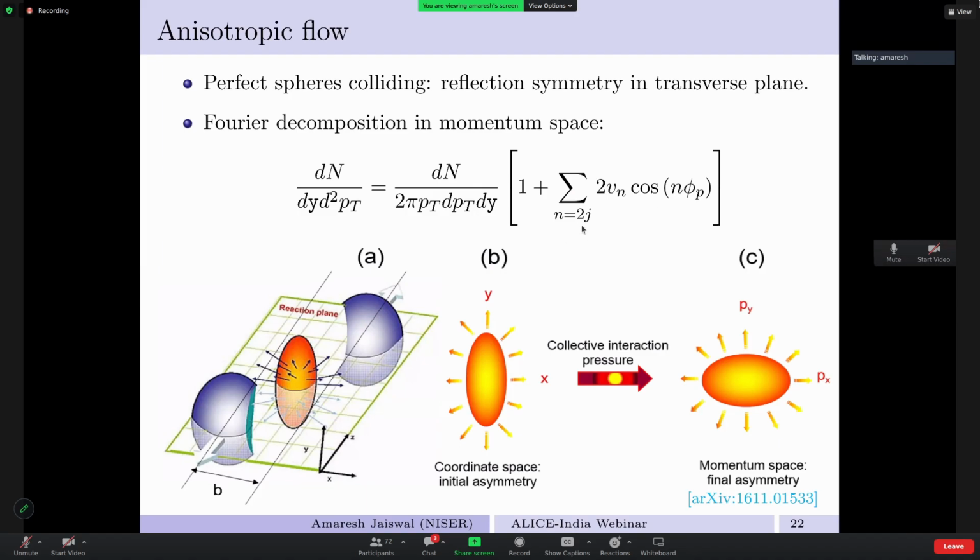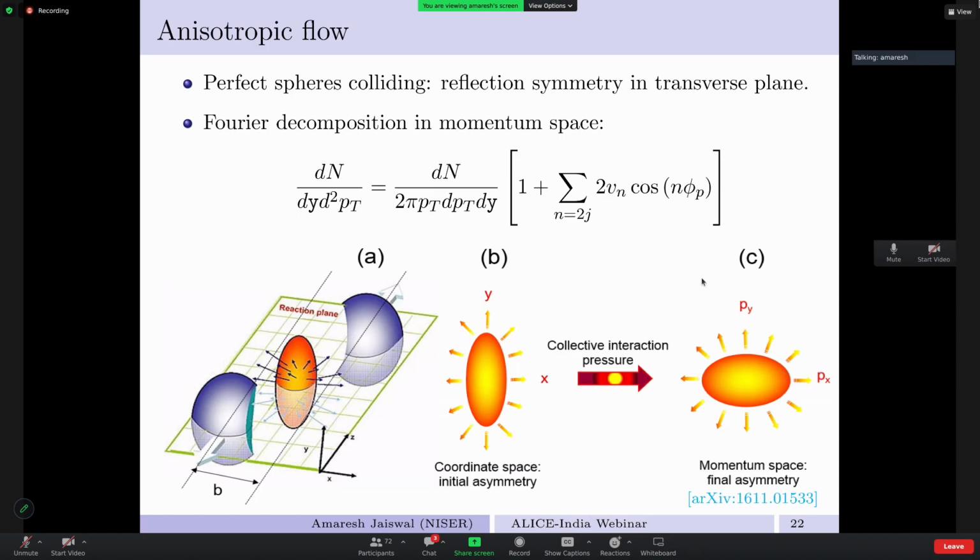This is for the final state. The initial state geometry is smooth, and hydro is not a stochastic equation, it's a simple deterministic equation. So the smooth profile will go to a smooth final profile as well, deformed in a different direction, but still carrying the reflection symmetry of the initial profile.